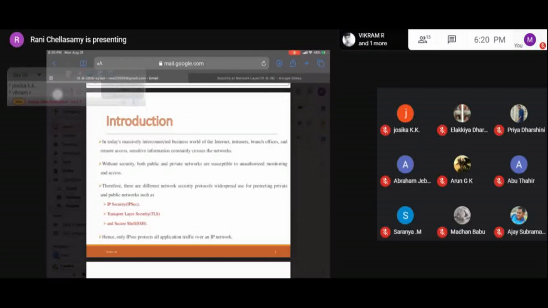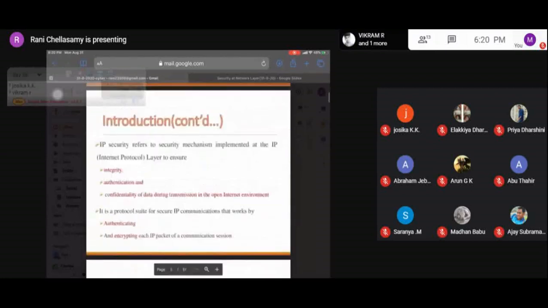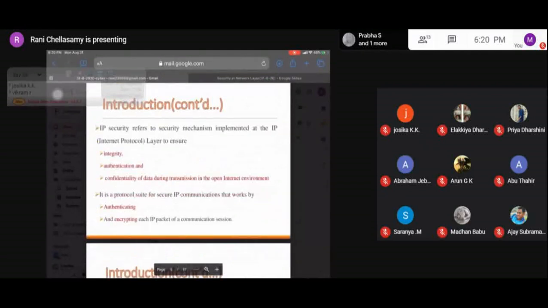This IP security protocol protects all the application traffic over the IP network. That's the point to be noted. This protocol provides security at the internet protocol layer. It provides data integrity. Integrity means correctness of the data transmitted between the sender and the receiver, so there is no data loss in the transmission.